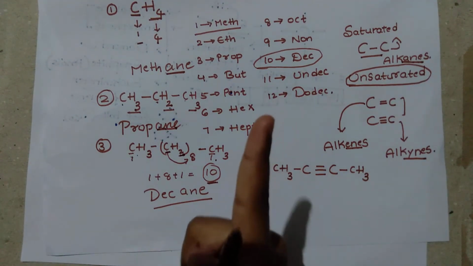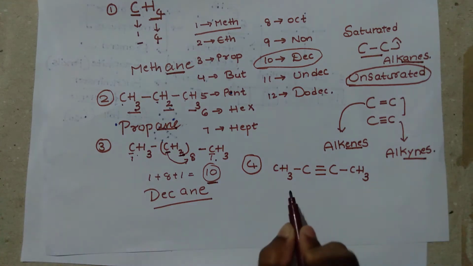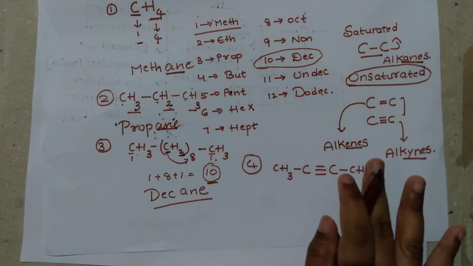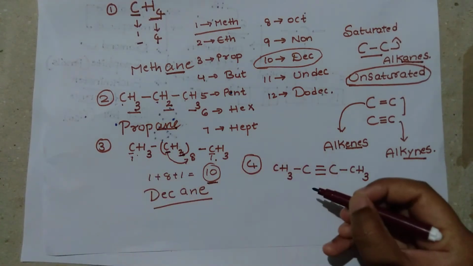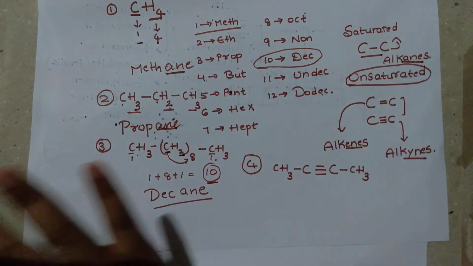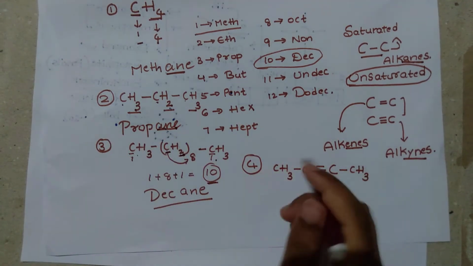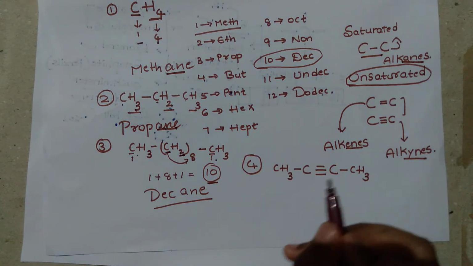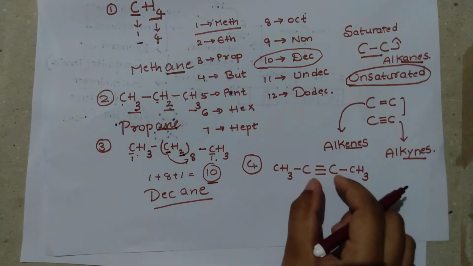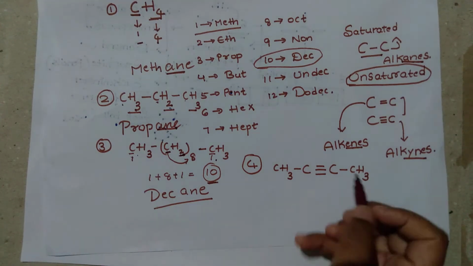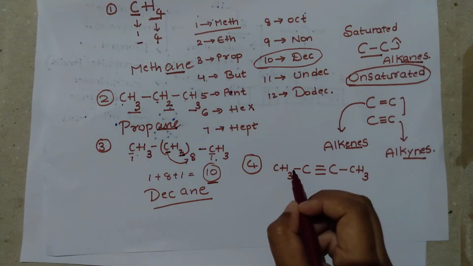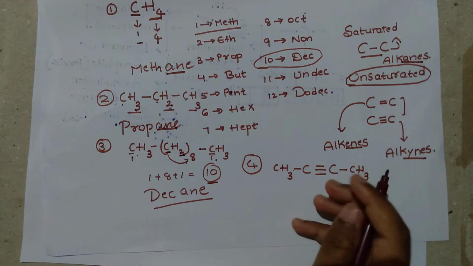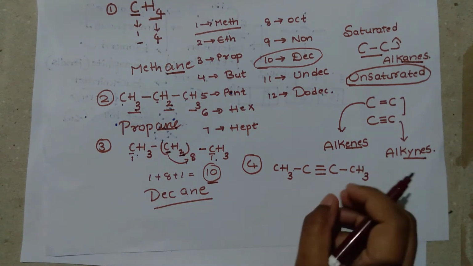The first rule is, whenever there are no substituents attached to the compound, then we need to place the number at the highest bond side.